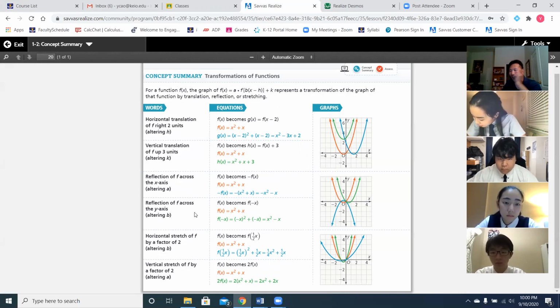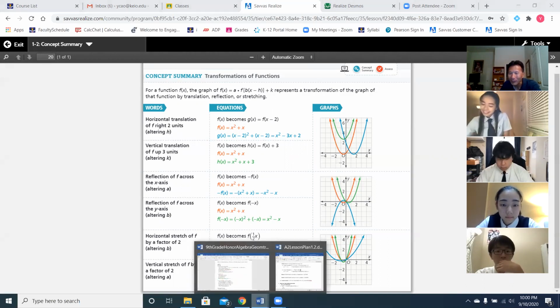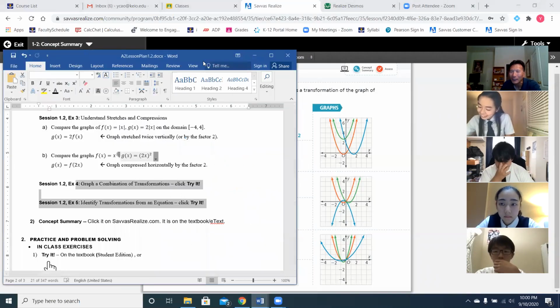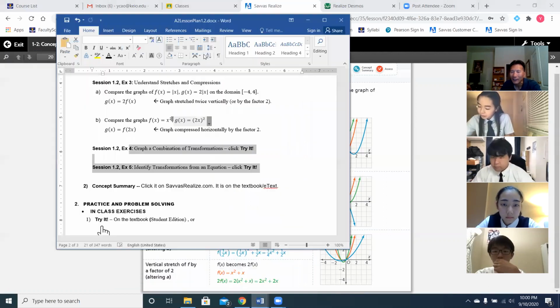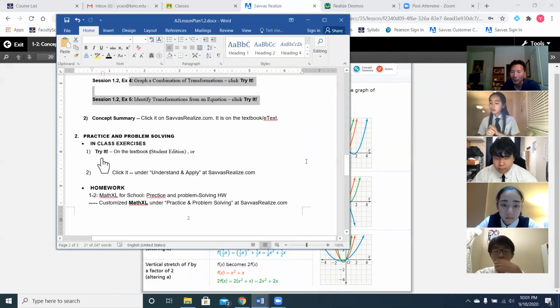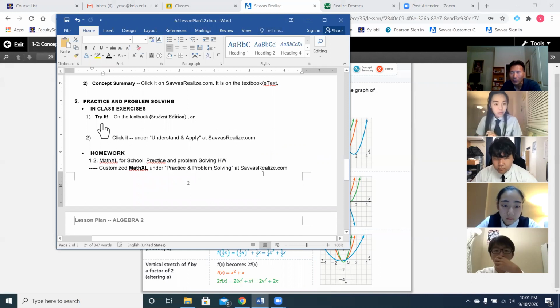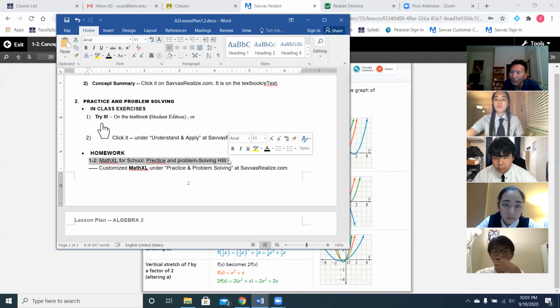Are you understanding well? Looks like you understand well. Good. Here's the homework. The homework is the second set. You guys already know it, and 3 students have already completed it. That's the homework, section 1.2. Complete it by Monday, Japan time.